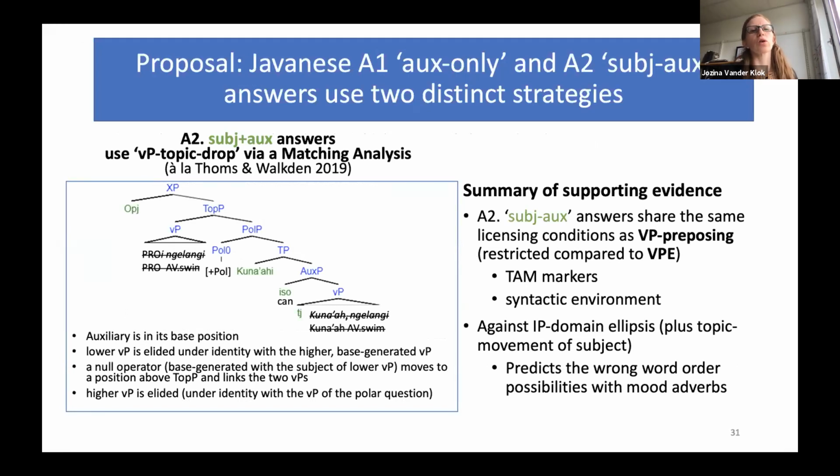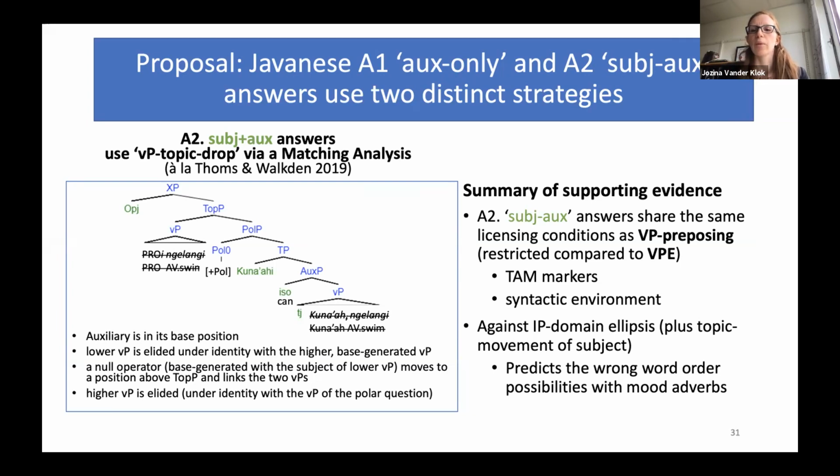Okay, so I've proposed that Javanese subject auxiliary answers use a different analysis from auxiliary only answers, and extended Thomson-Wachten's proposal for overt VP preposing to answers where both base generated VPs are elided. And the summary of supporting evidence that I just went through is the following.